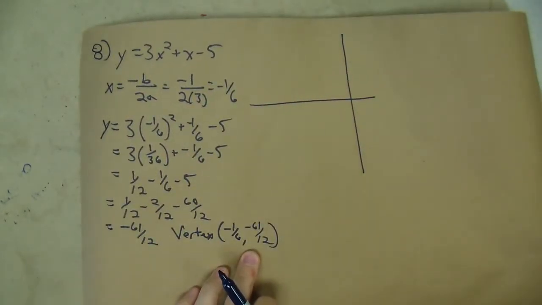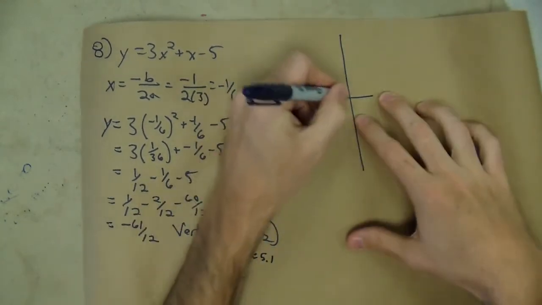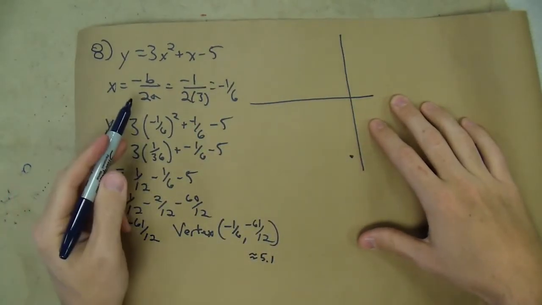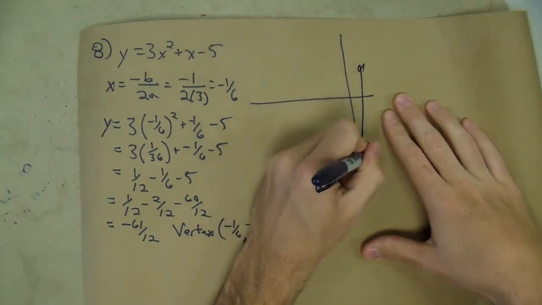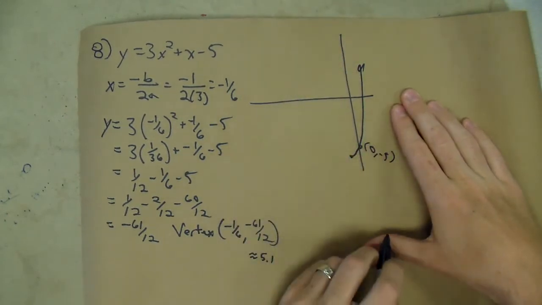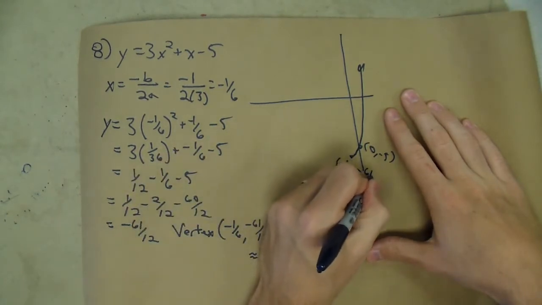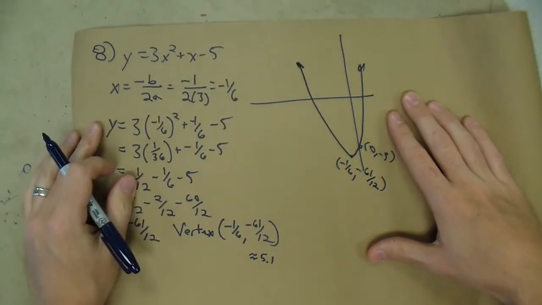Give us an approximate idea. 61 over 12 is about 5.1. So we're somewhere down here. It is opening up. It does say we go through negative 5. So we know we at least hit 0, negative 5, and then our vertex was negative 1/6, negative 61 over 12. Leave it as a fraction. It's perfectly fine. And there's our graph.